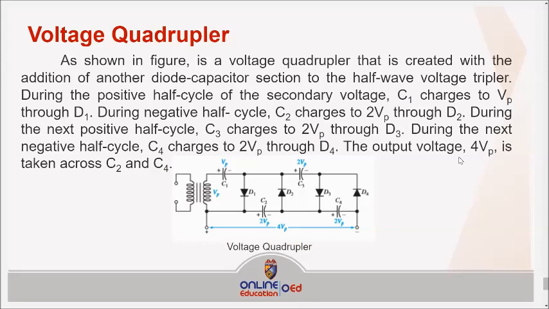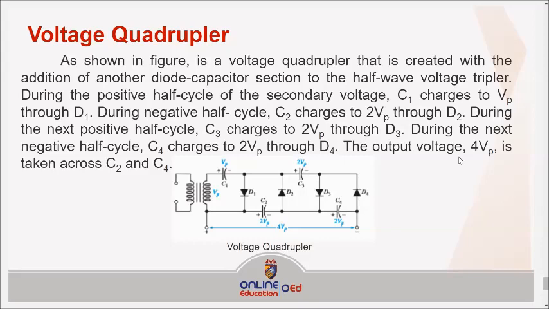Then ano mangyayari? Yung capacitor 1 natin is magcha-charge siya to VP through diode 1. Then yung during negative half cycle naman, yung capacitor 2 is magcha-charge siya na maging 2 VP through diode 2. Then during the next positive half cycle naman uli, yung capacitor 3 is magcha-charge siya to 2 VP through diode 3.